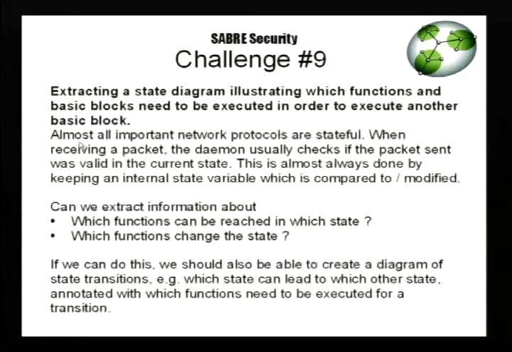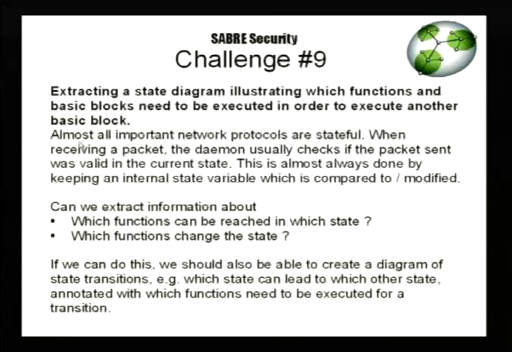10 minutes, cool. Challenge number 9. Given an executable that is a network daemon that does some sort of protocol parsing, attempt to construct a state diagram telling us which functions can be reached, under the assumption that we can identify the state variable, which is going to be an integer of some sort.